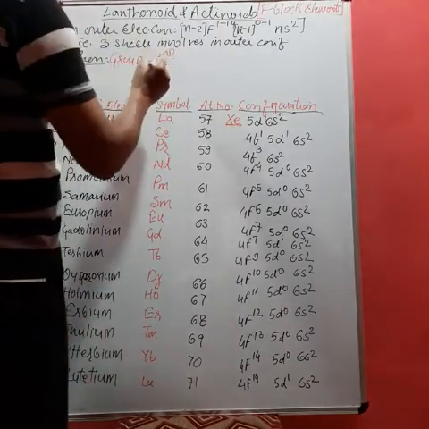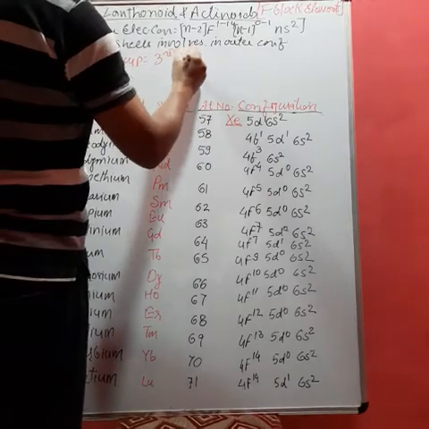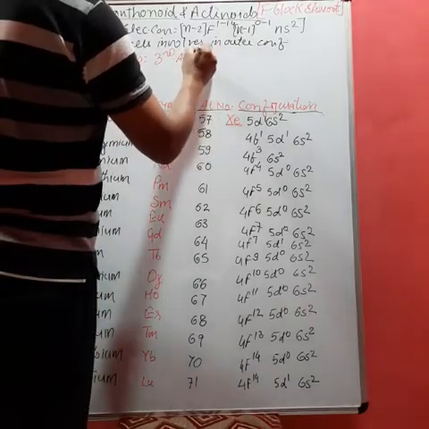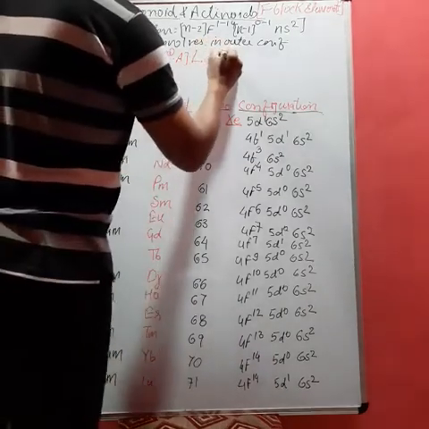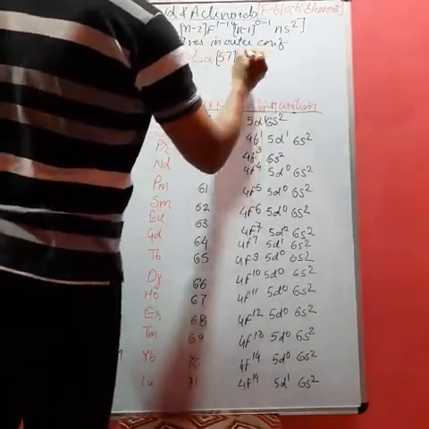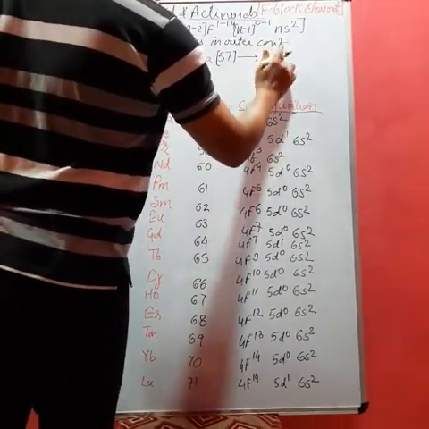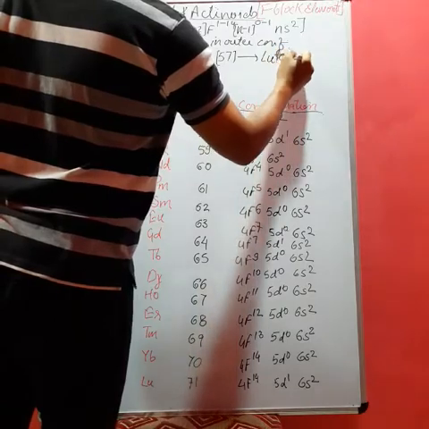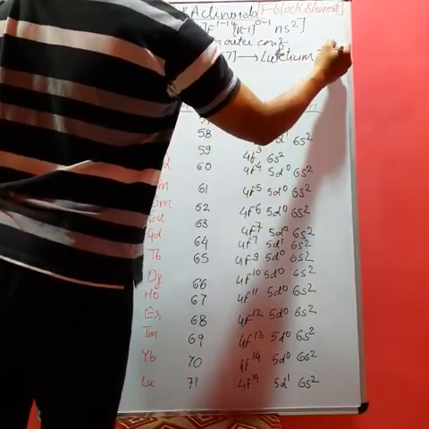In group number third there are two series. Series A starts from lanthanum, which has atomic number 57, to lutetium, whose atomic number is 71.